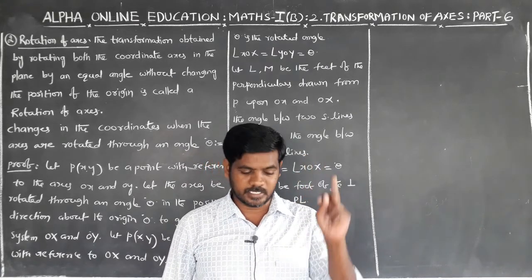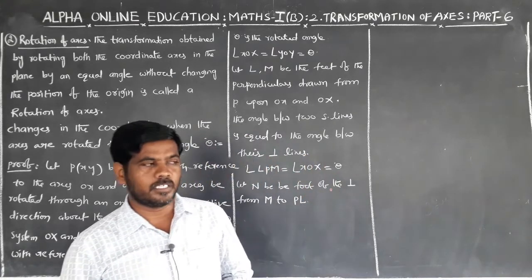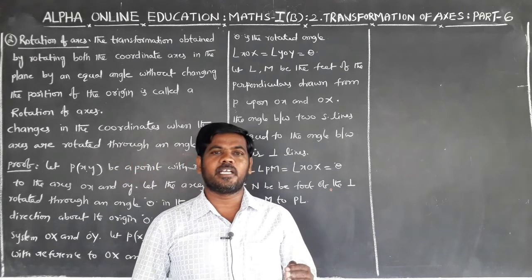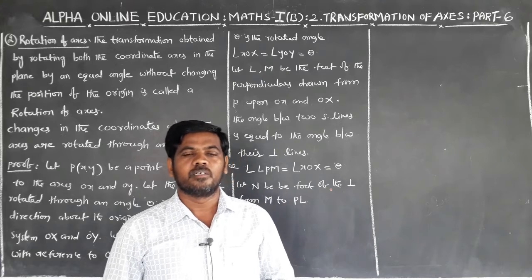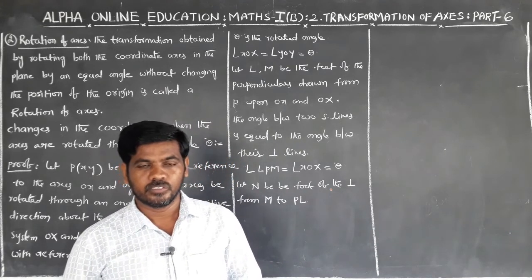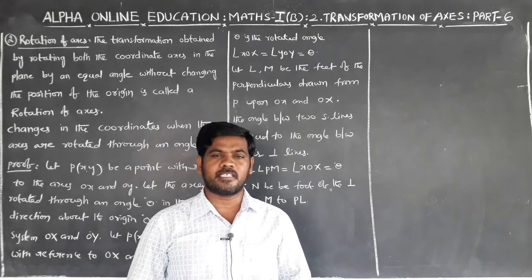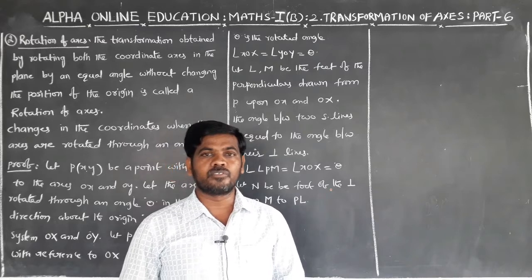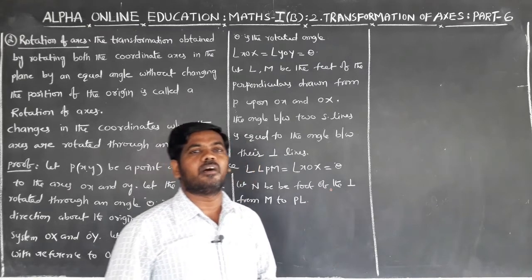Rotation of axes means both coordinate axes are rotated through an equal angle without changing the position of the origin.